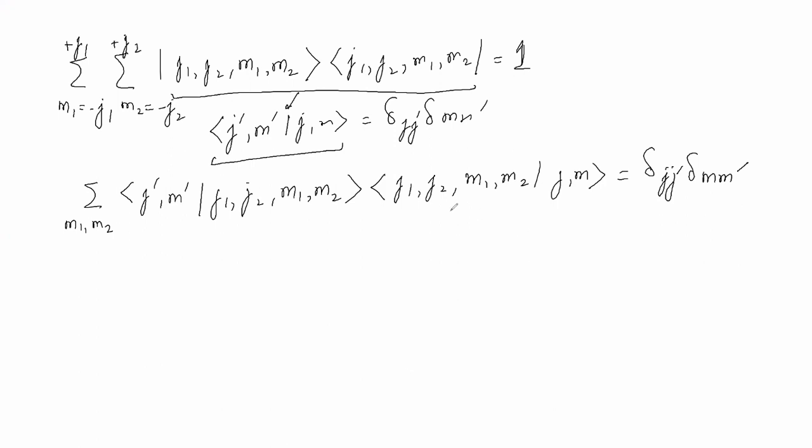Is it not? And what you can notice is that this quantity is the conjugate of this. Okay. And that means, if I assume J equal to J' and M equal to M', then I can write this fellow as <J M|J1 J2 M1 M2><J1 J2 M1 M2|J M>. Okay. This is equal to how much should I write?